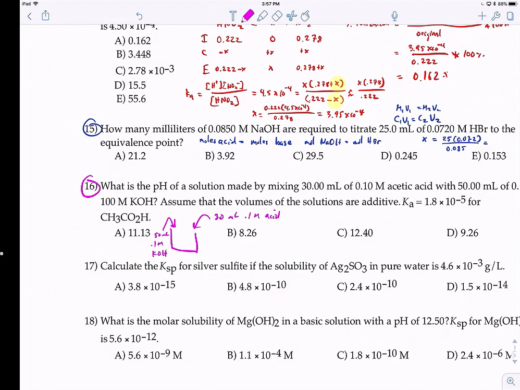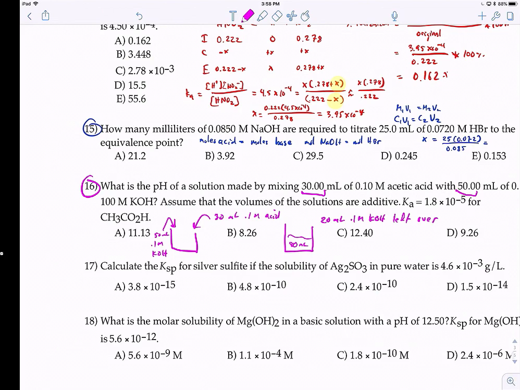So what's going to happen is, it's the same concentration. Of course, this is going to be 80 milliliters now, but these 30 milliliters are going to react with the 50 milliliters, and we have 20 milliliters of 0.1 molar KOH left over.